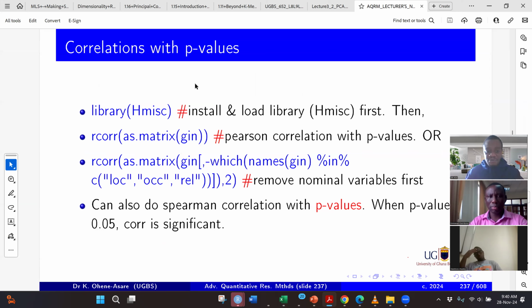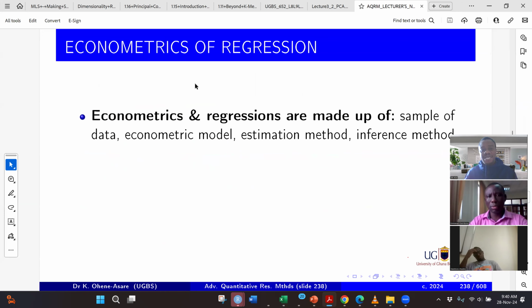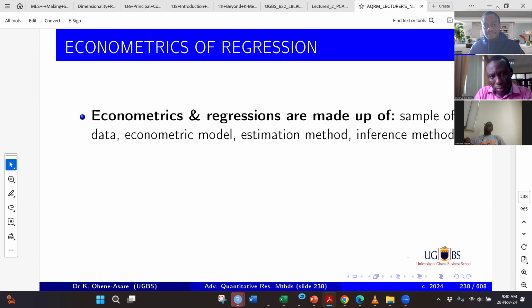But before we start with simple regression, let me tell you a little bit about econometrics. Please pay attention, because if you don't pay attention from the outset, you get confused later. Econometrics comes from two words: economics and metrics. The metrics here looks at mathematics and statistics.